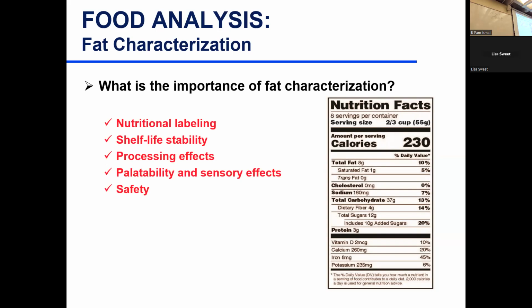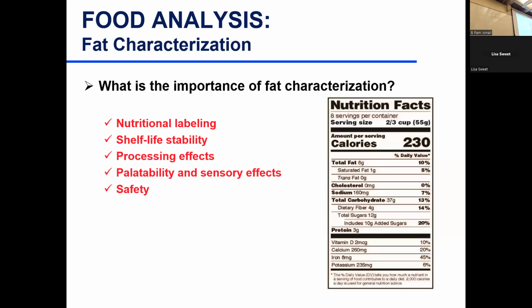That's the official method of getting total fat. You don't do Mojonnier, you don't do Soxhlet, you do fatty acid composition to get total fat, saturated fat, and trans fat. Okay. Shelf life stability, you talked about that.